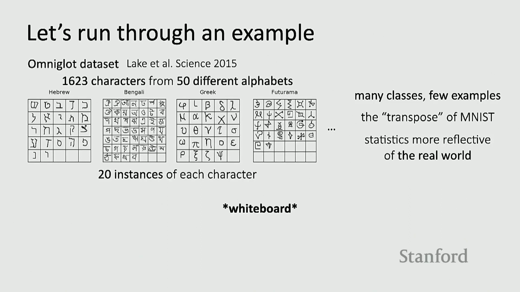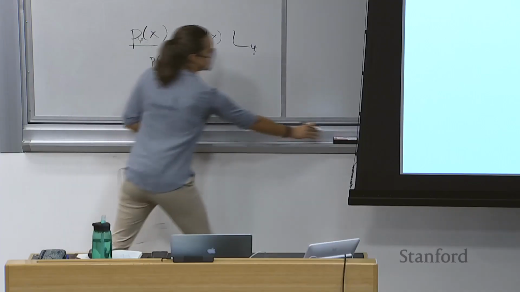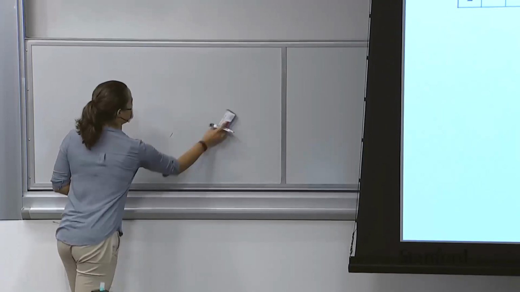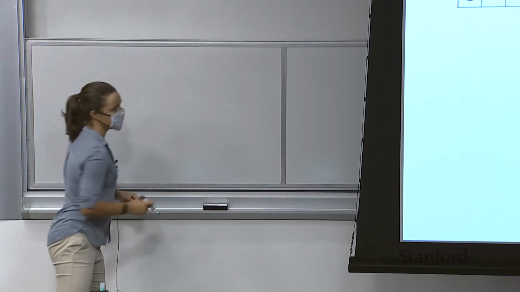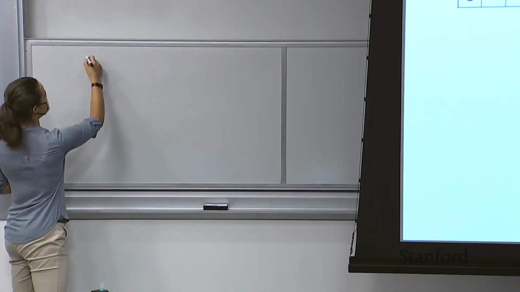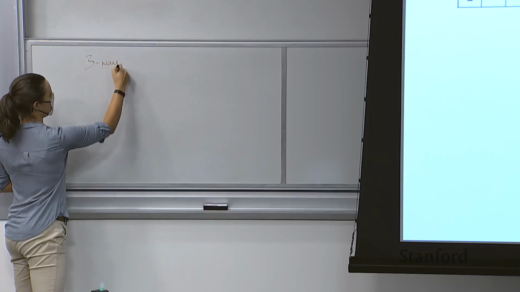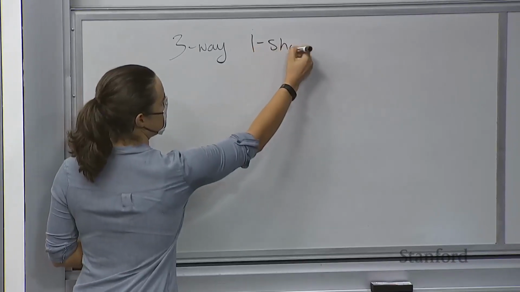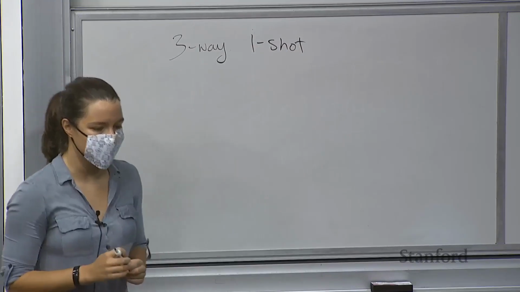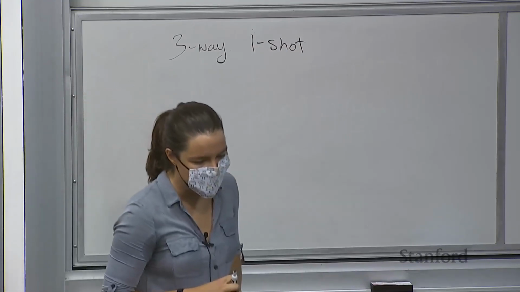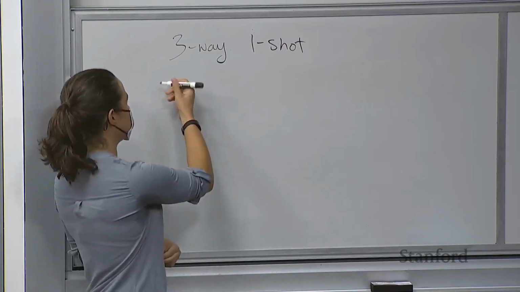Okay, so I want to run through an example from this problem, and I think this should be quite helpful for your homework. So let's say that we're doing 3-way one-shot classification, and we want to be able to do this on omniglot.